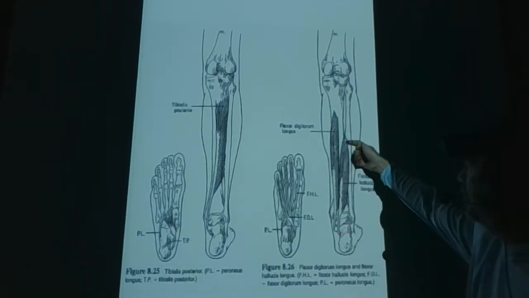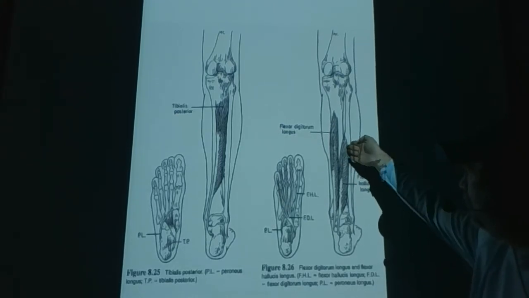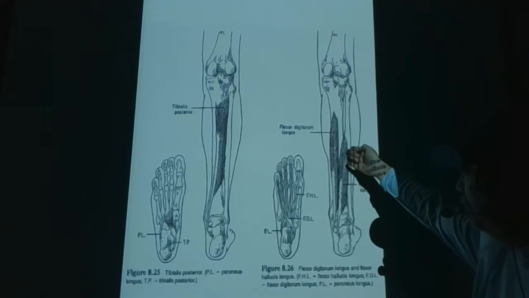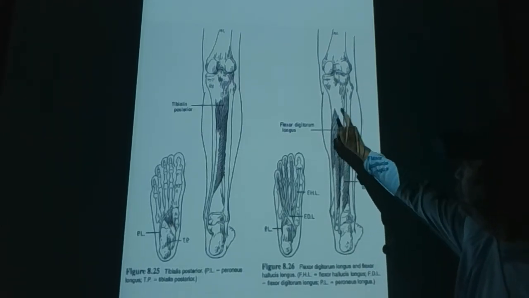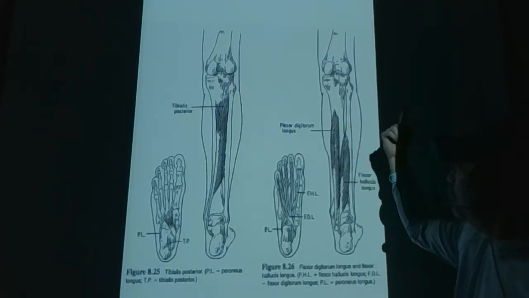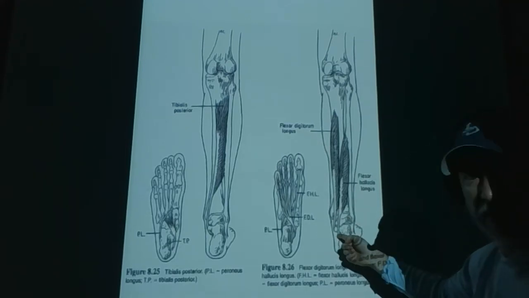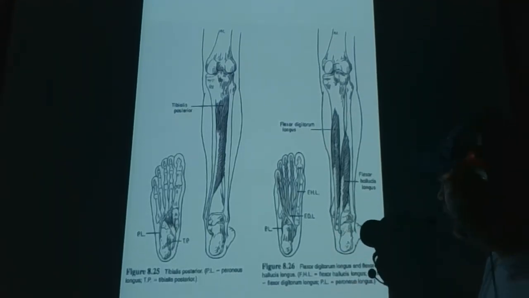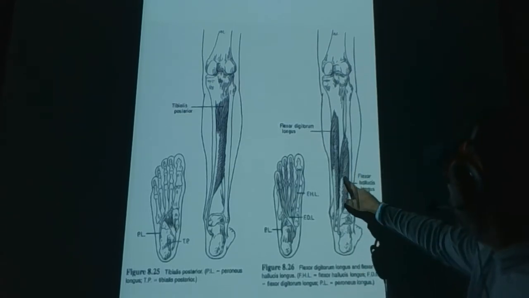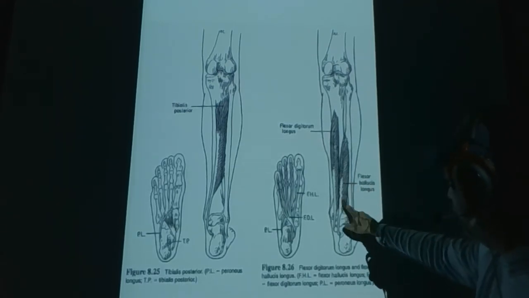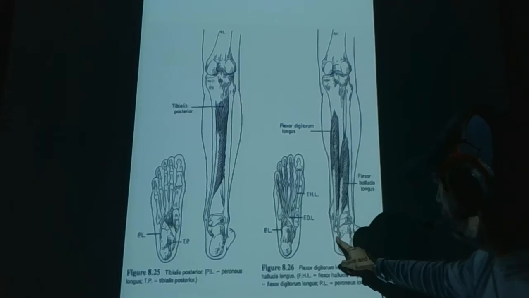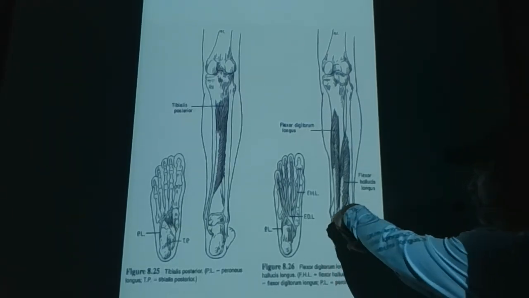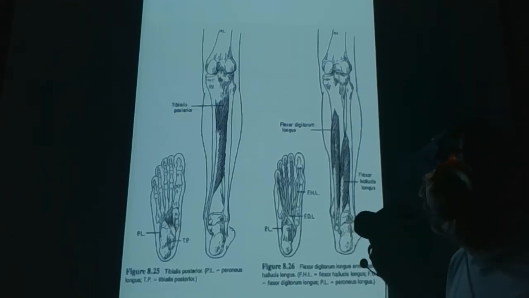Again, if you just look at origin, you may say, oh, outside origin, must be everter. That doesn't matter. This muscle could start here, here, here, here. It could do loop-de-loops. Where does it cross? I sounded like the genie from Aladdin. Here, here, here, here. Flexor hallucis longus, plantar flexor because of its posterior crossing at the ankle joint. Inverter because of its medial crossing of the subtalar joint.